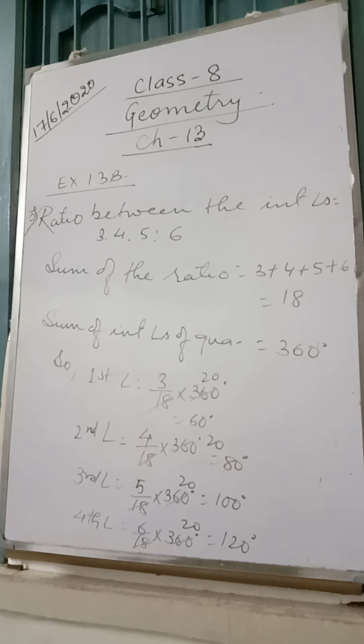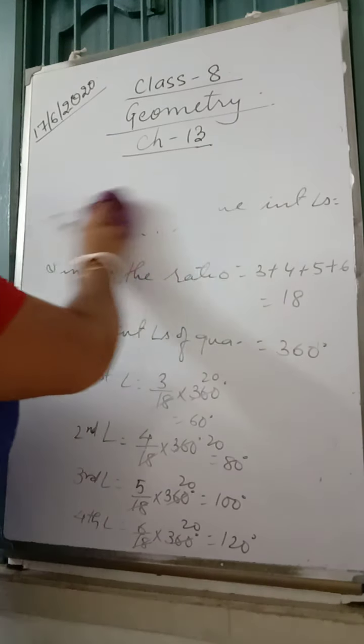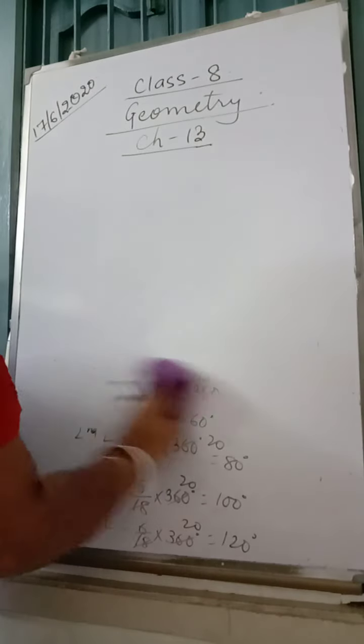Come to exercise 13C. You can see the first question. It says ABCD is a parallelogram in which angle A is 95 degrees. Find the measure of each angle. Now, as we know, in a parallelogram opposite angles are equal.